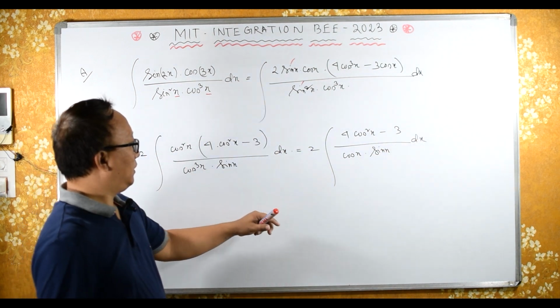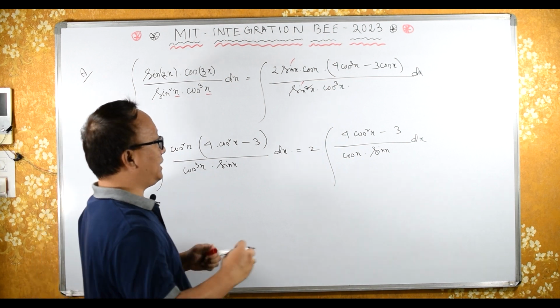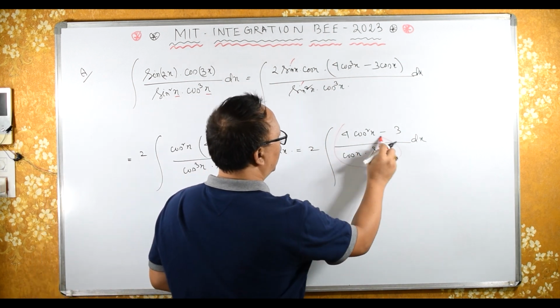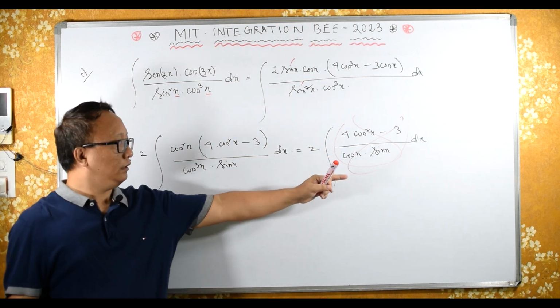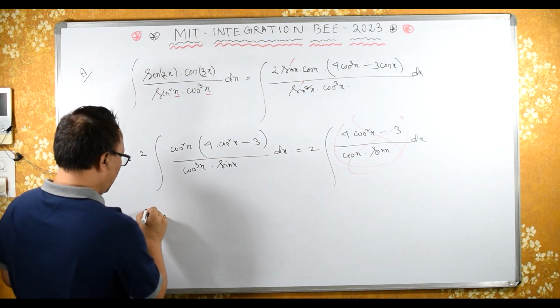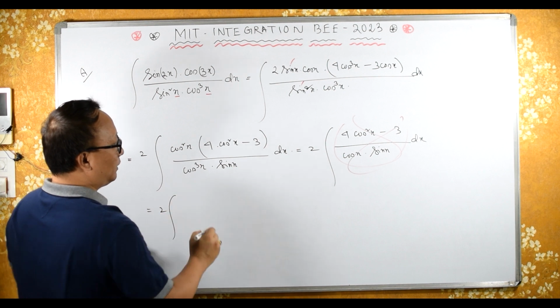Now let's do one thing. Let's separate the numerator. Here I have 2 integral.